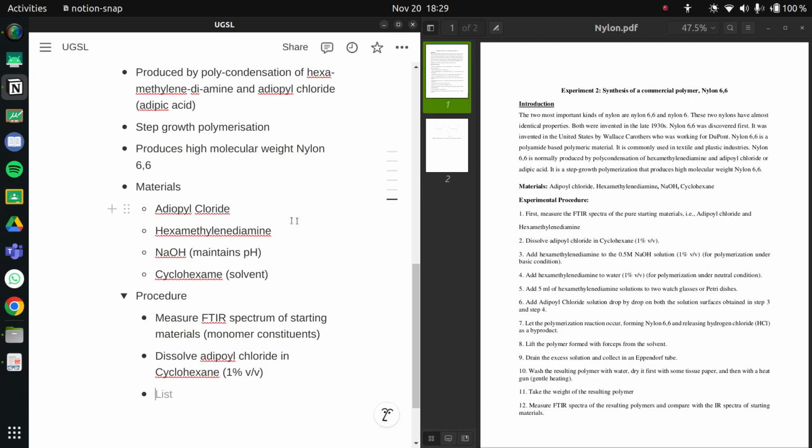I'm just going to name something. Hexamethylene diamine. Hexamethylene diamine, HMDA.